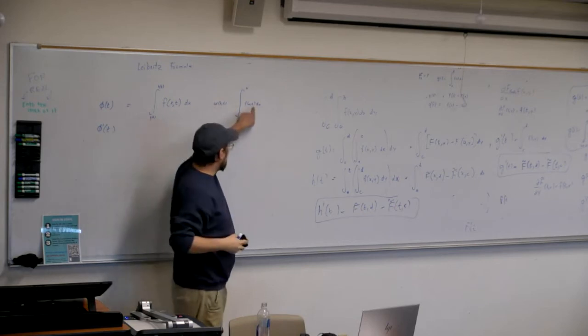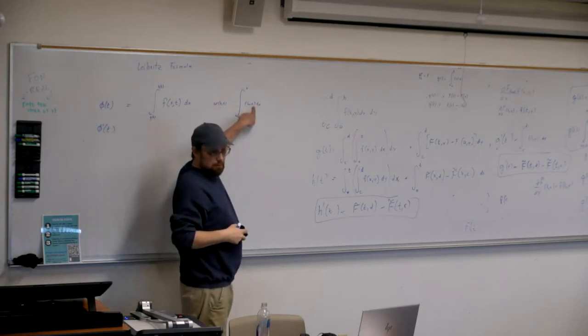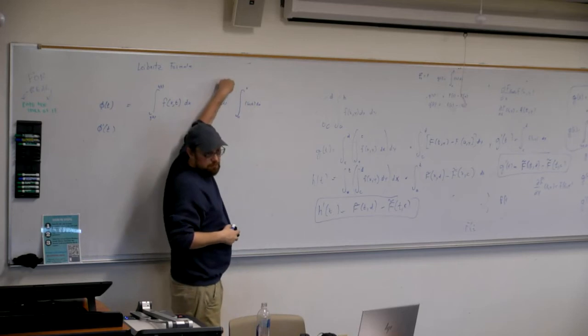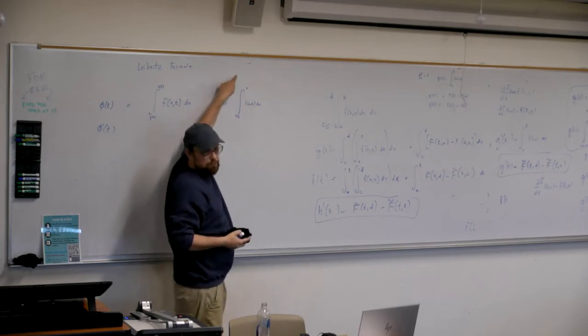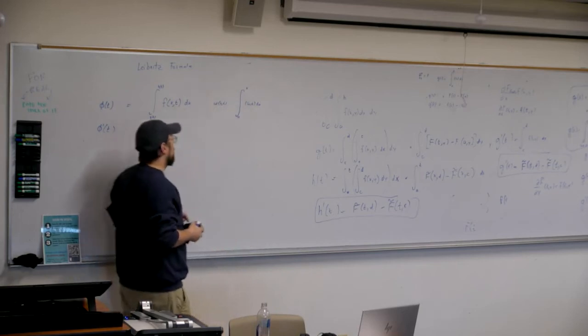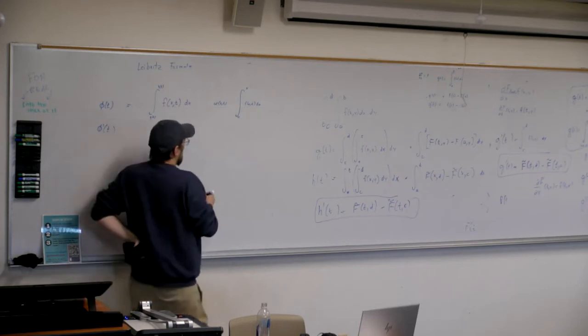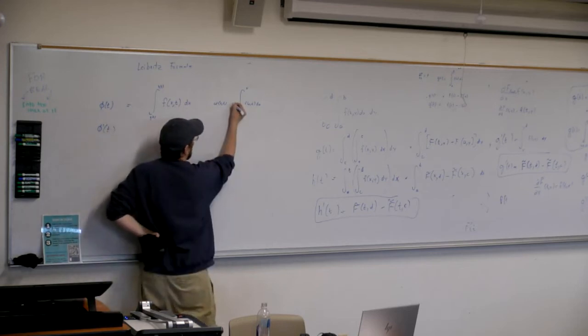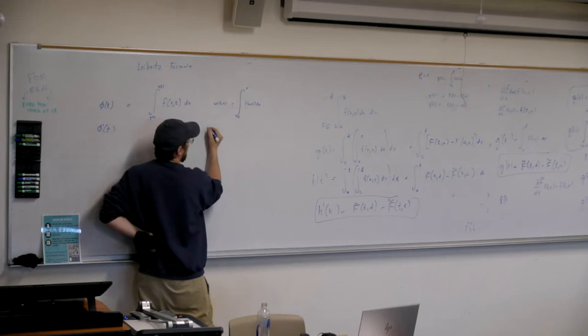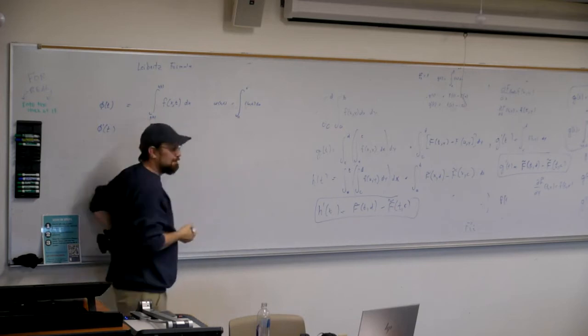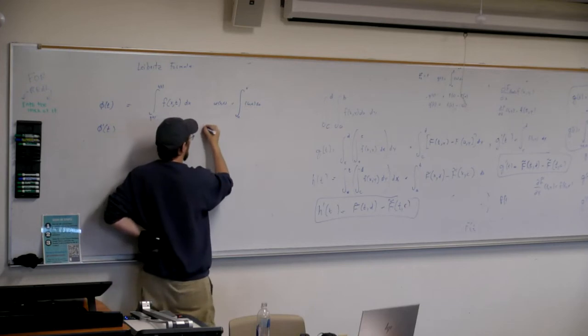It's a function of t because there's this parameter t here. It's a function of x because x is an upper bound, so by changing x, you change the value. So what if you wanted to then differentiate this? How would you find the derivative of this function?